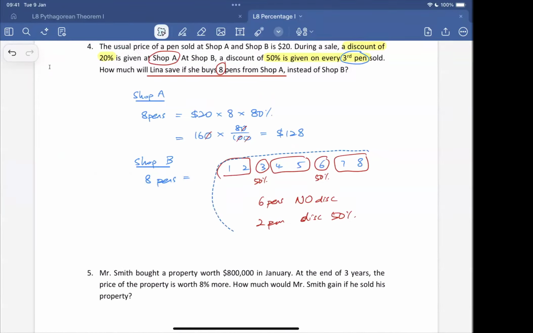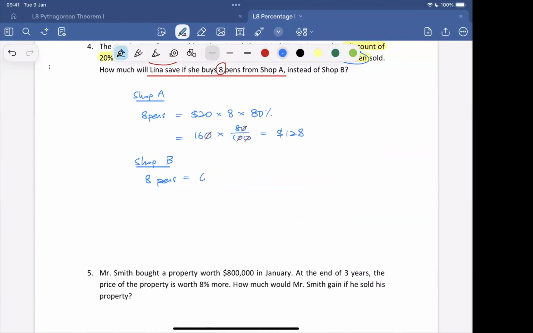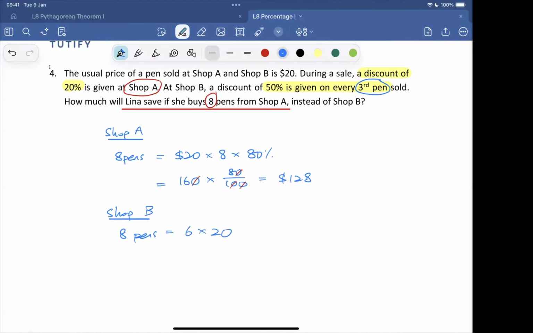So we are going to say 6 pens, full price. So straight away, 6 pens, full price times 20. Correct, full price. And then 2 pens, full price, but then you have a discount. So you must times how many percent? This 2 has a discount.